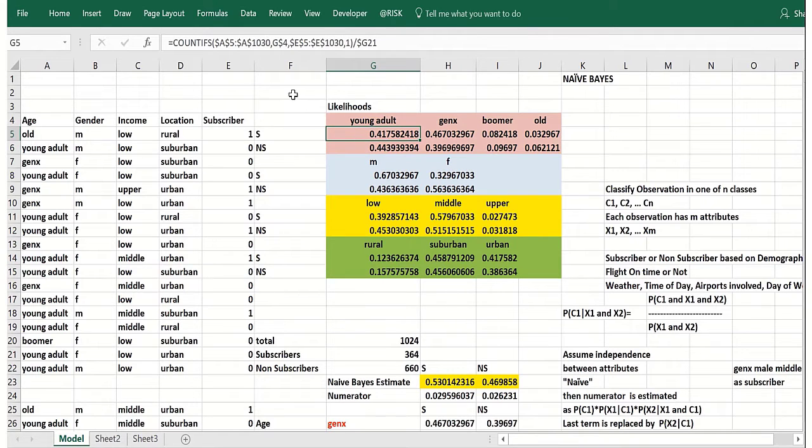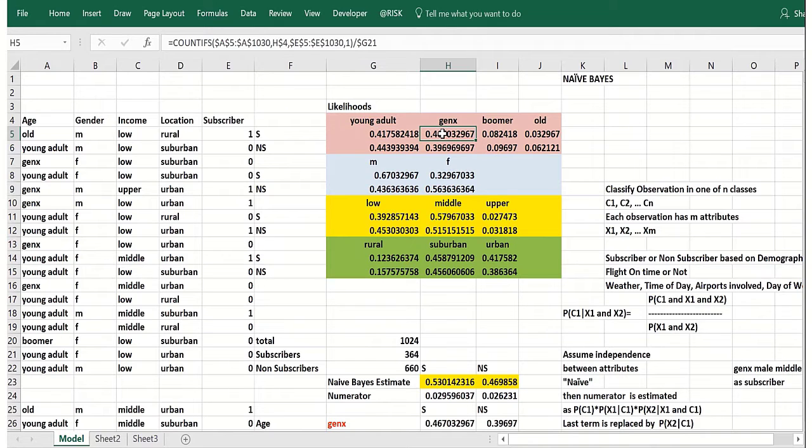So what does this formula do? You look at column A, age. If age matches young adult and subscriber equals 1, then basically that's how many people are young adults and subscribers, divided by the total number of subscribers. That's the likelihood that somebody's a young adult given they're a subscriber.